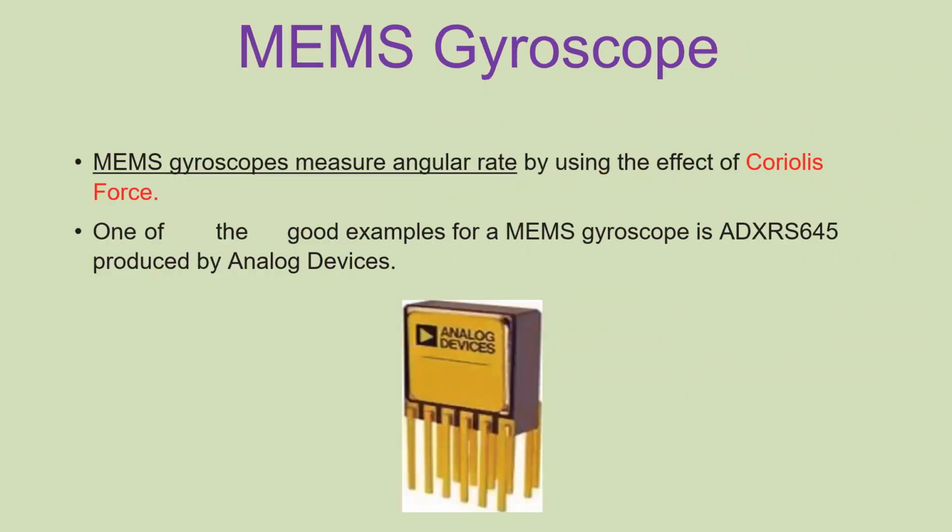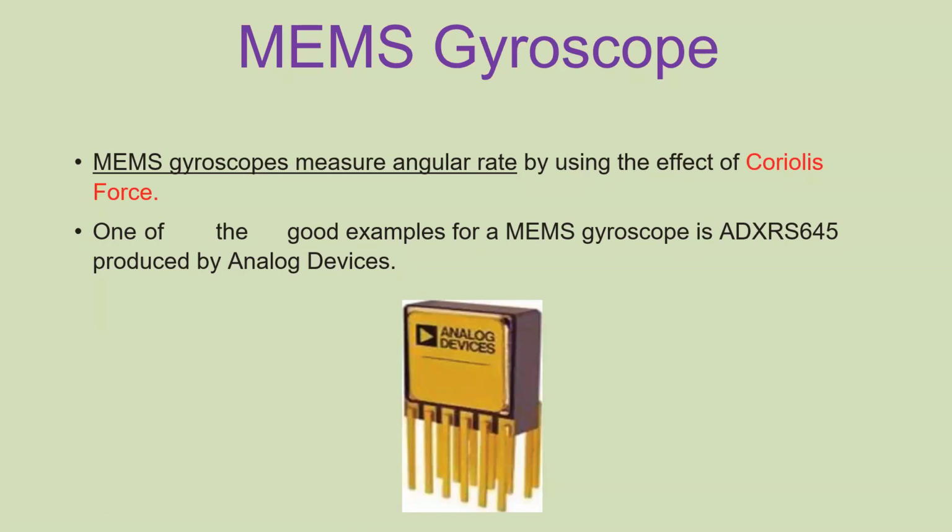Now we will come to another type of gyroscope, which uses the Coriolis force to measure the angular velocity. What MEMS, this term you must remember, when we were discussing accelerometers, you will study this term, micro electromechanical systems.